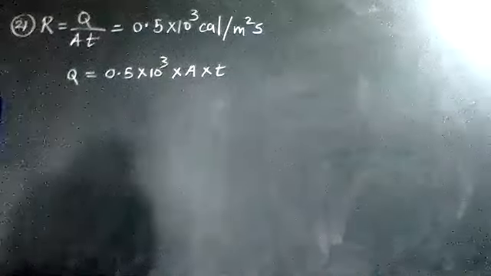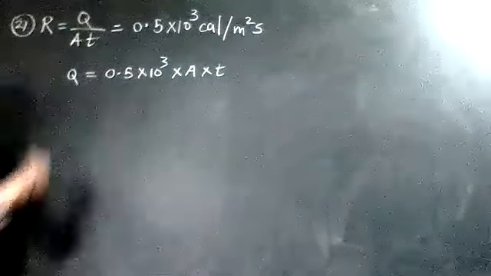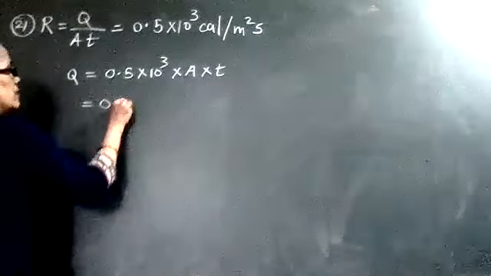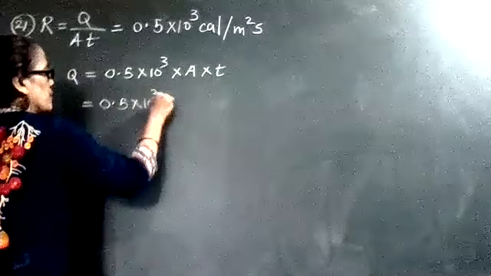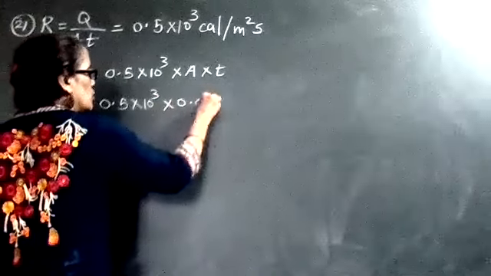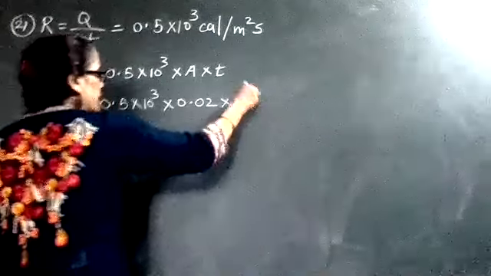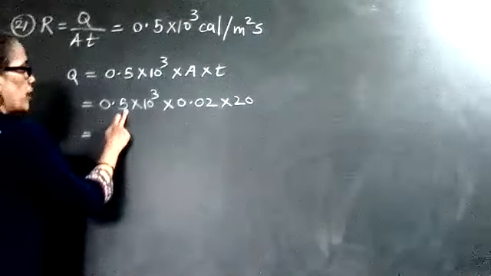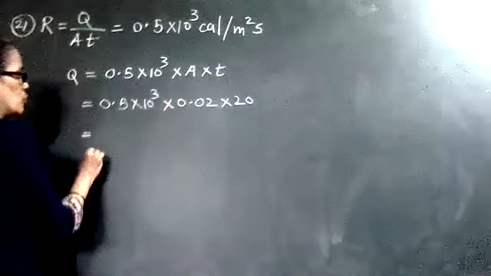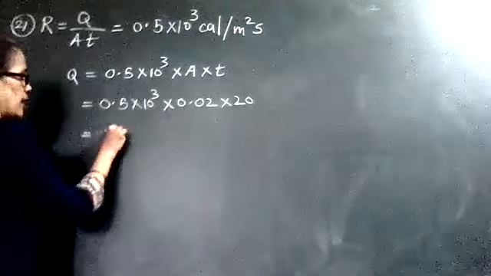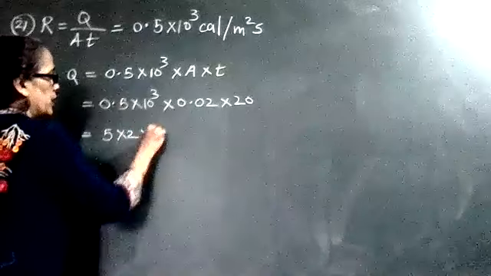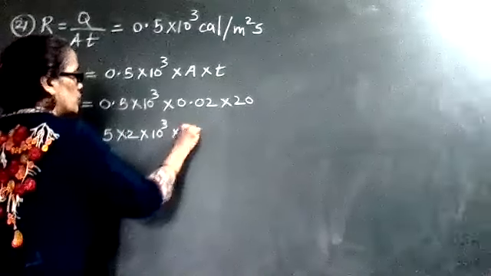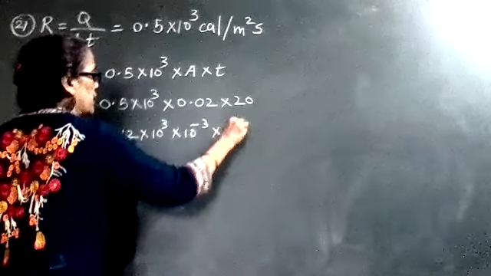Fine. Area is given as 0.02. So I'll say here 0.5 into 10 raised to 3. Area is 0.02 and time is 20 seconds. Clear? I'll do the multiplication. 0.5 and 0.02. So here I'll say 5 multiplied by 2 into 10 raised to 3 into 10 raised to minus 3 multiplied by 20.